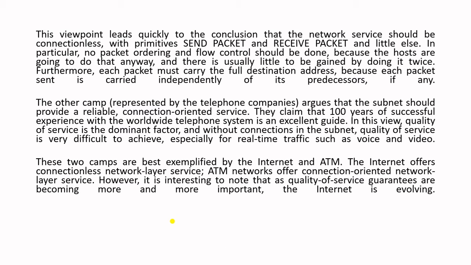So this viewpoint leads quickly to the conclusion that the network service should be connectionless, with primitives send packet and receive packet and little else. In particular, no packet ordering and flow control should be done.